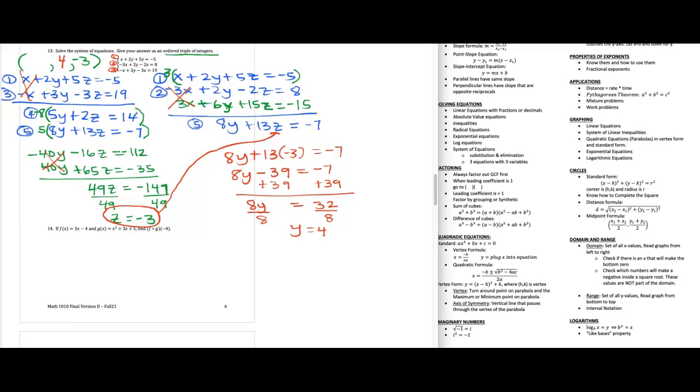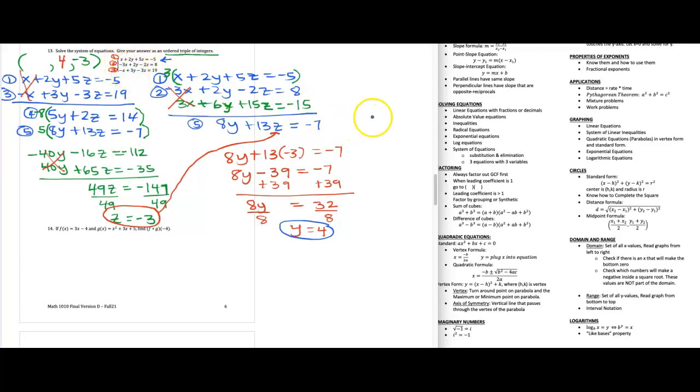Okay, and now I've got just one more here that I need to look at. So I'm going to take what I have for my Z and my Y, and I'm going to figure out my X. I'm going to choose to use this top equation just because X is already by itself, and so it will just be easier. I'm just trying to make my life easier. You could use any of the first 3 original equations though.